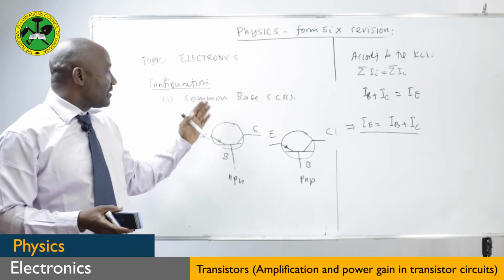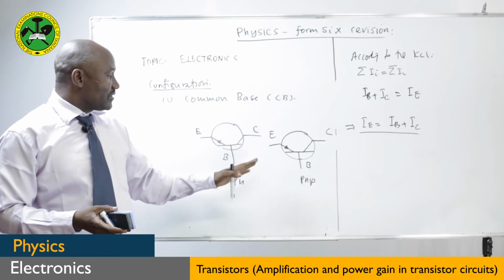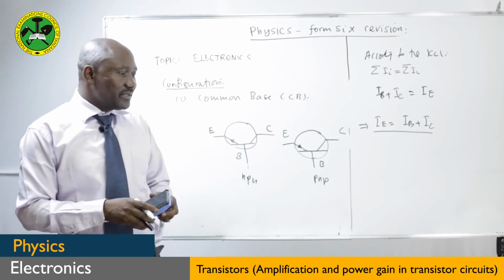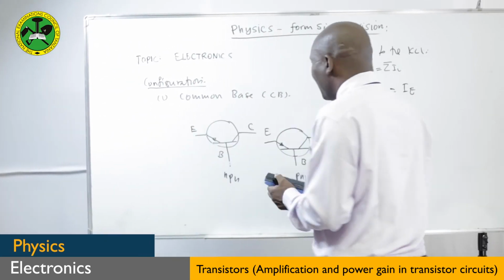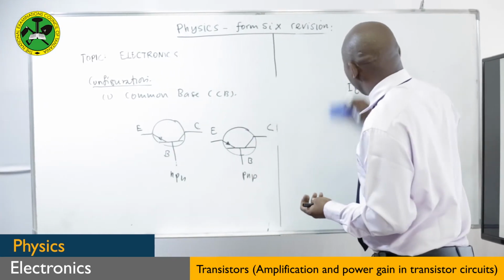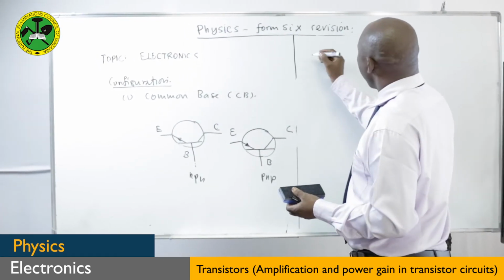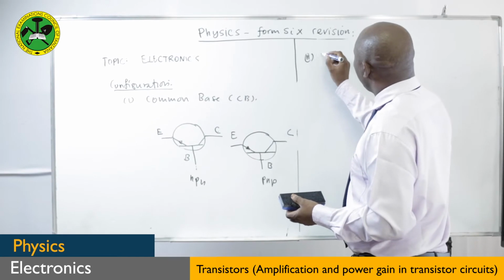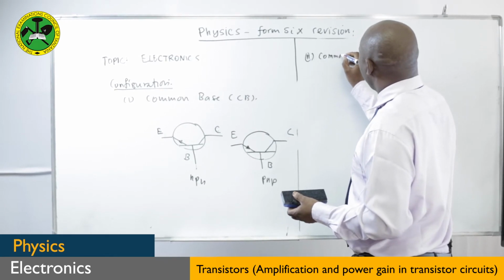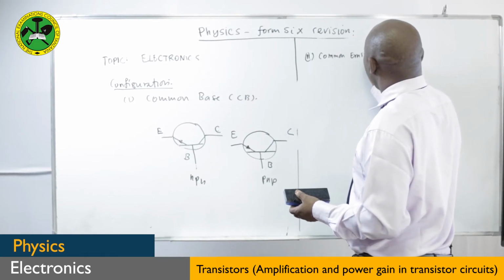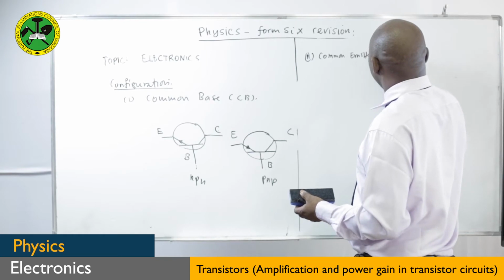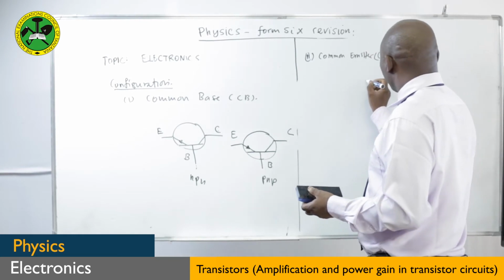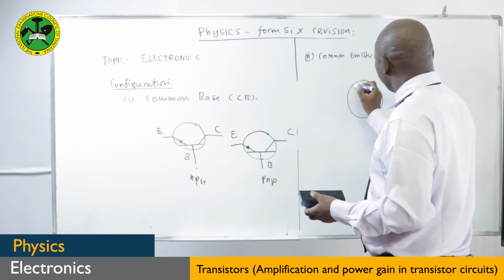So this is given as the common base type of connection of a transistor, where the base is connected to the ground. The second mode is the common emitter, CE.